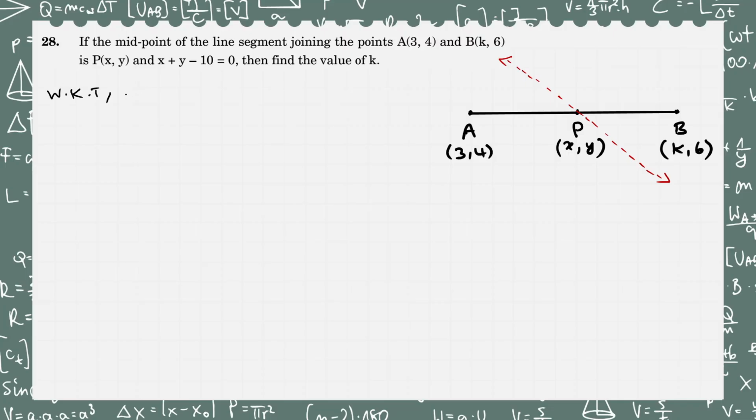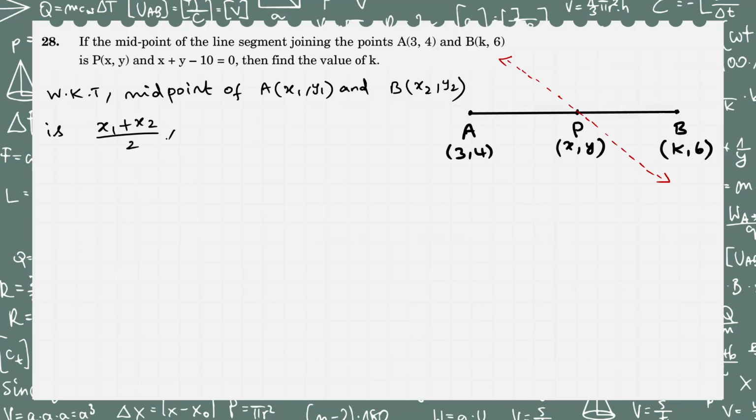We know that the midpoint of A x1 y1 and B x2 y2 is x1 plus x2 by 2 comma y1 plus y2 by 2, right? This is the formula for finding the midpoint.